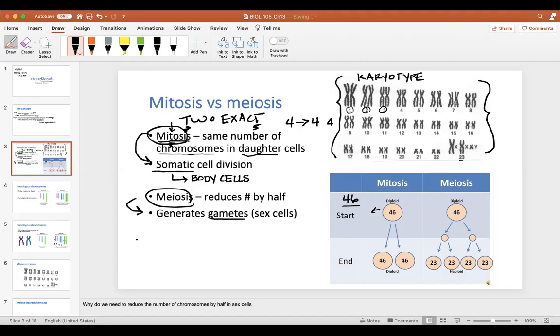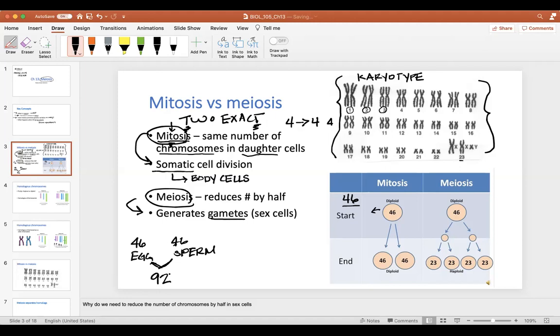Now, I want you to envision that, let's pretend that your egg cells had 46 chromosomes, and a sperm cell had 46 chromosomes. Now let's just say a fertilization event occurred where this egg fused with this sperm. Well, what would happen? Suddenly we would have 46 plus 46. And if you do that math, that comes out to 92 chromosomes.